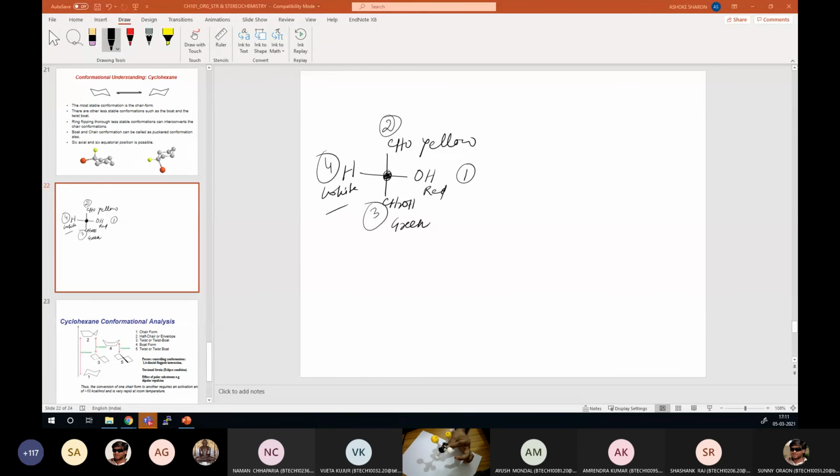Now tell me, what kind of conformation is this, eclipsed or staggered?